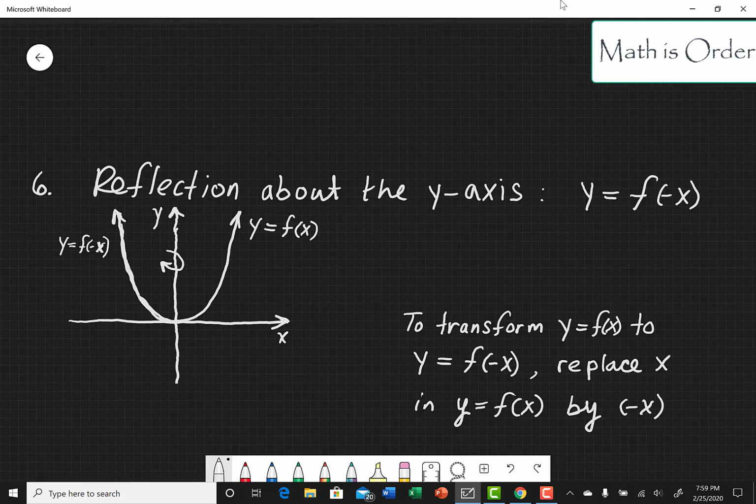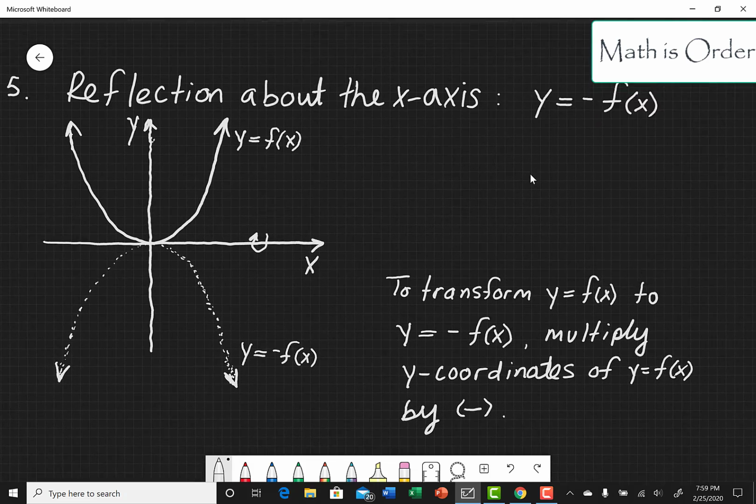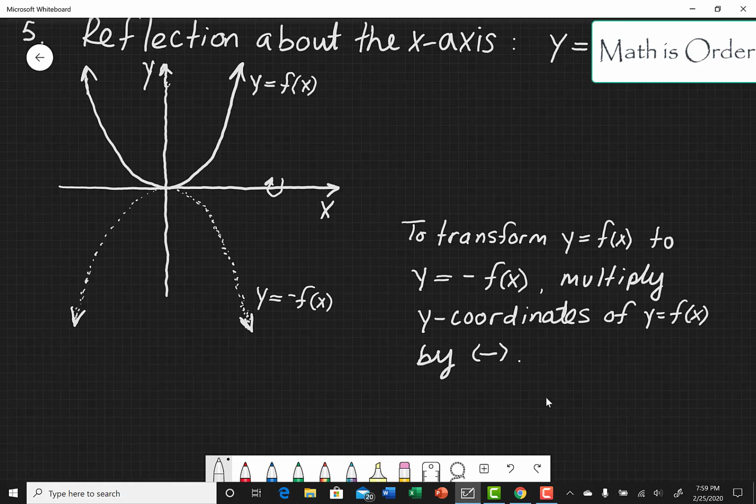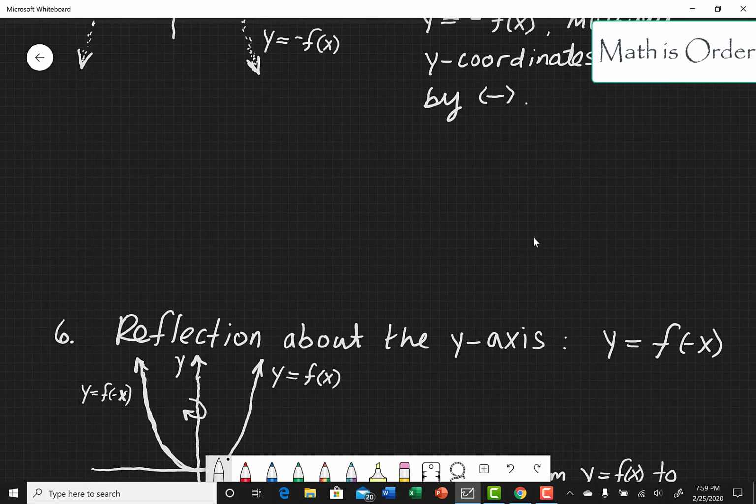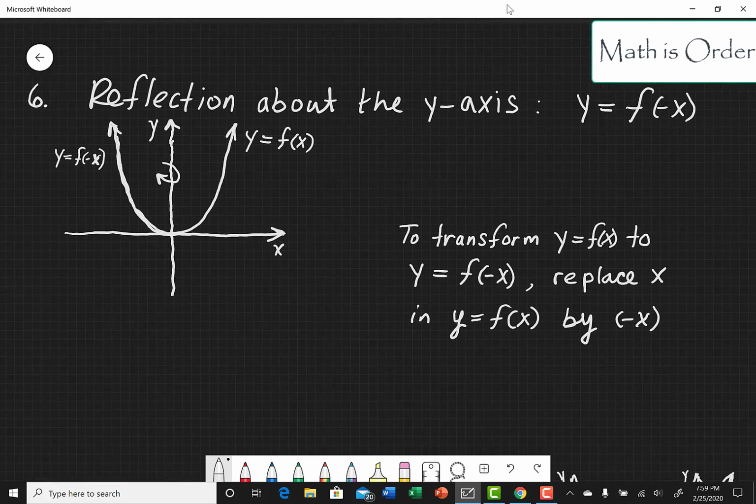All right. Next, moving on to the last transformation. This is a reflection about the y-axis. So you got some original function, and then to reflect that function about the y-axis, we're just rotating the y-axis 180 degrees.